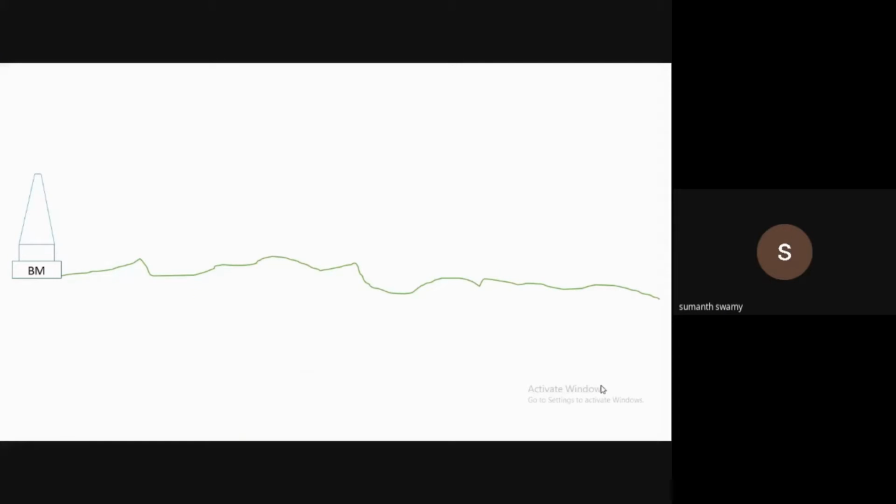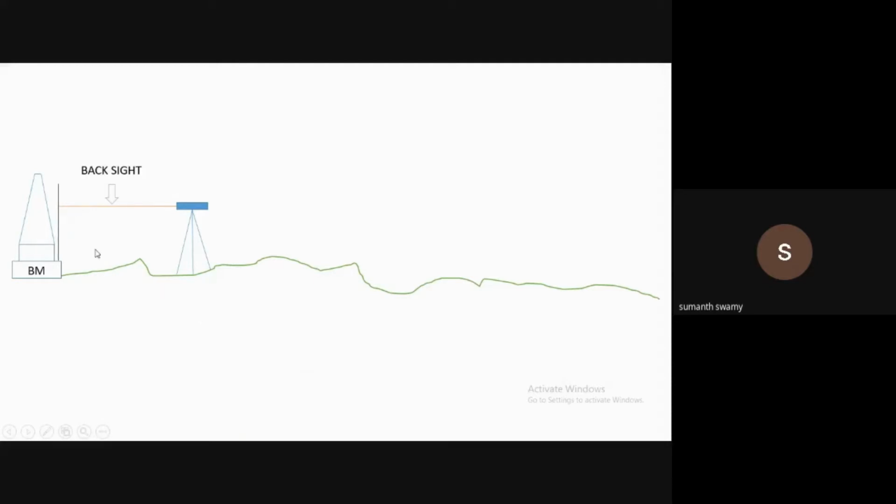Coming to the procedure. Initially, the instrument is set at a point and leveled. At the beginning of the experiment, the leveling staff is kept on a benchmark and the reading is observed through the telescope of the auto level. The first reading observed on the benchmark is the backsight.